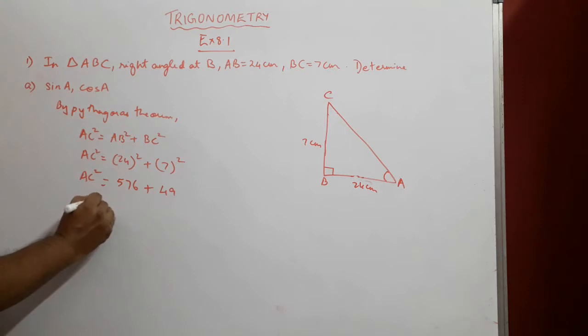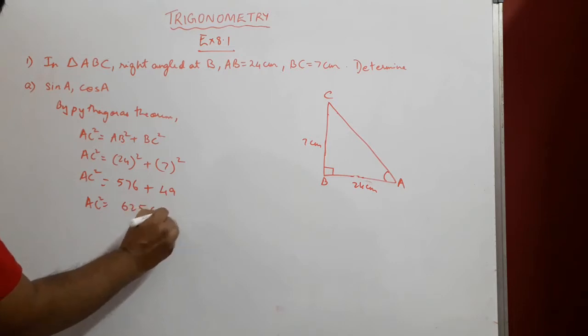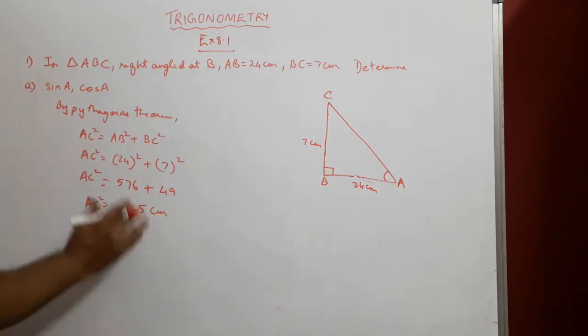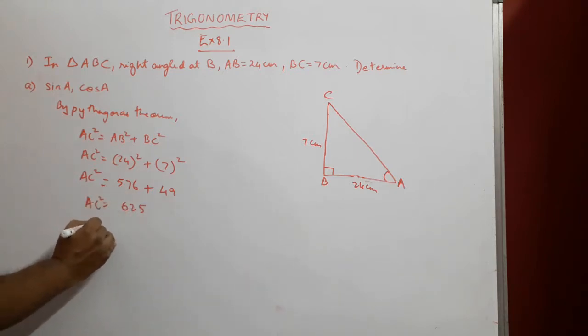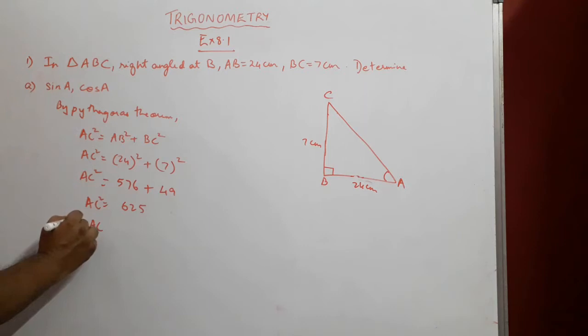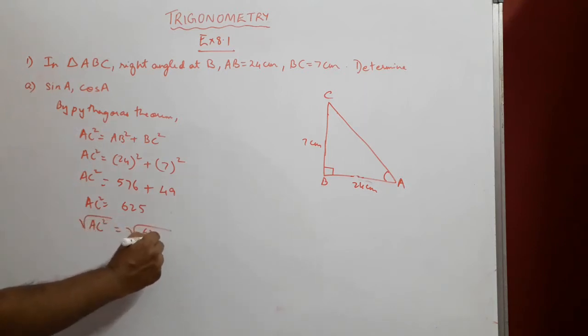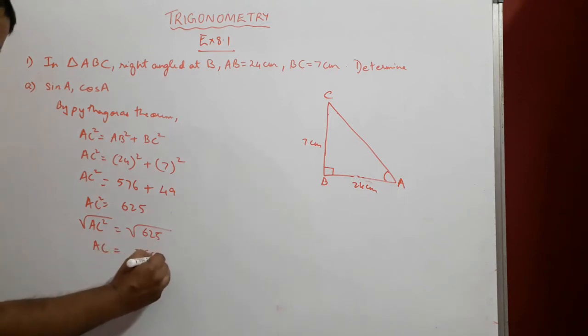So AC square comes to 625 centimeters square. We need AC, so we take the square root: square root of AC square equal to square root of 625. That gives us AC, and 625 will give us 25 centimeters.